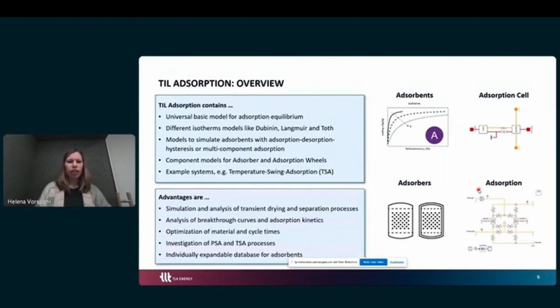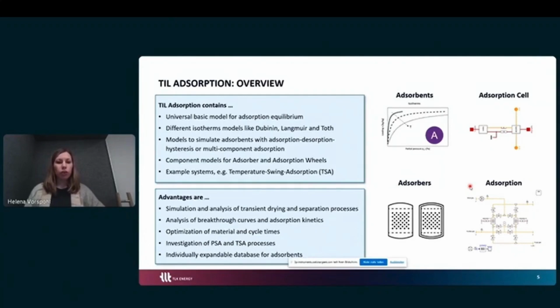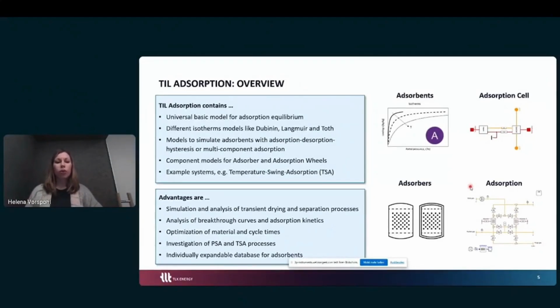The big advantage of using this software is that you are able to simulate and analyze the transient behavior of drying and separation processes. You are able to analyze breakthrough curves and calibrate adsorption kinetics. You are able to change the material of your process very easily, and so you are able to optimize the material, cycle times, or also the size of your plant.